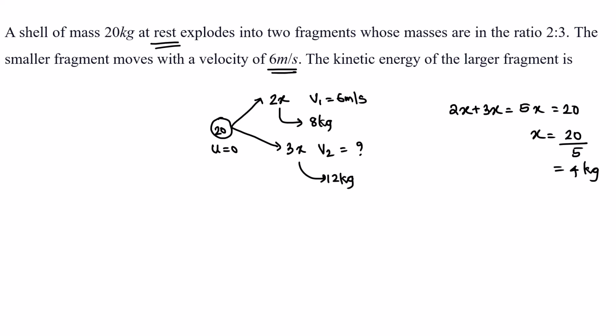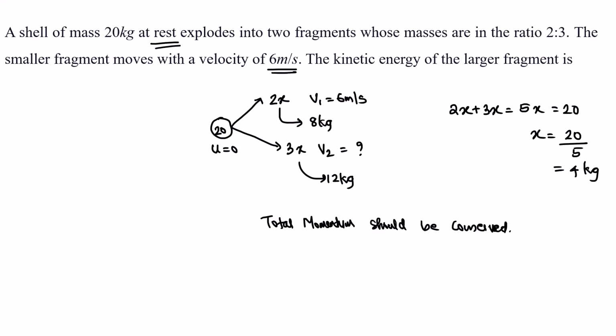We know that according to the law of conservation of momentum, the total momentum should be conserved. Since total momentum has to be conserved, we can consider the momentum before explosion.